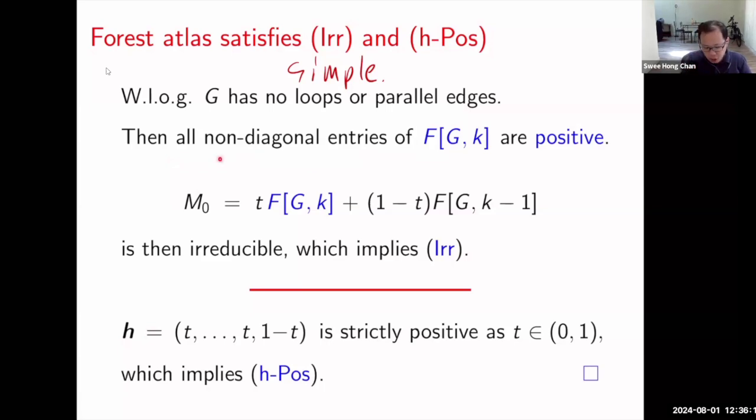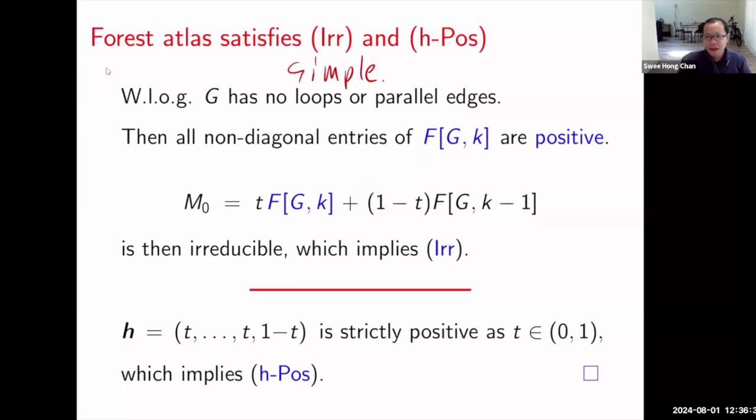In particular, that implies that the matrix FGK is irreducible. And if you add some other positive matrix to something that's already irreducible, it can only be more irreducible. That is how we know that M0 is irreducible. That's how we check the first two properties of the atlas that we need to have.